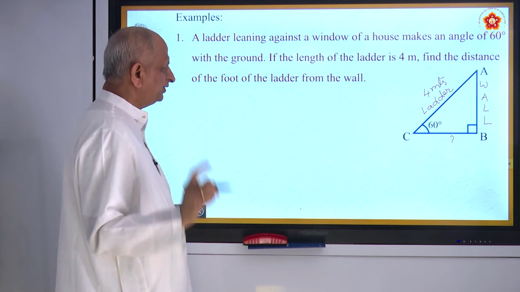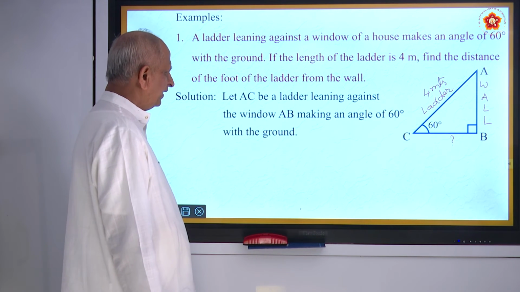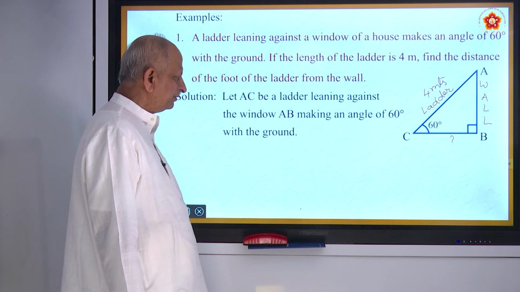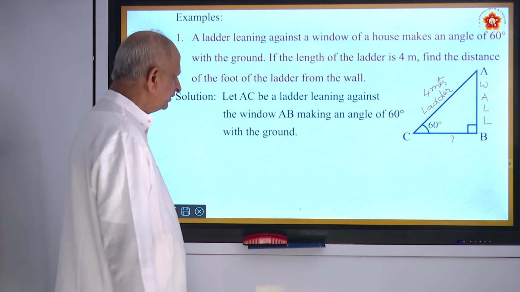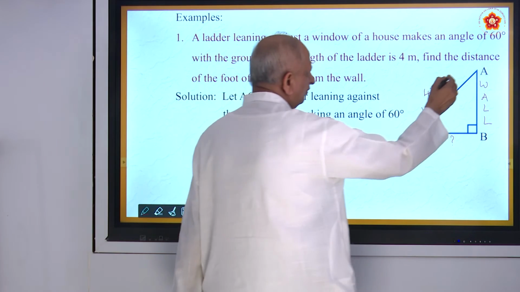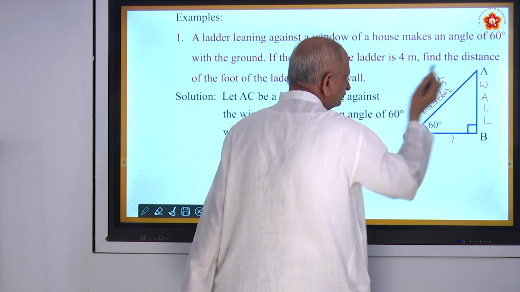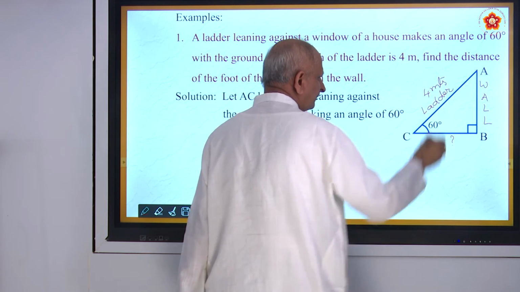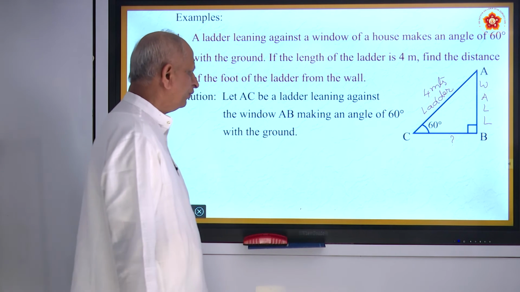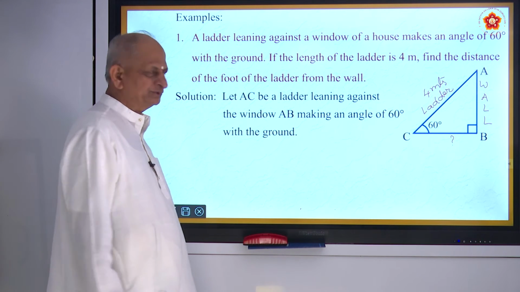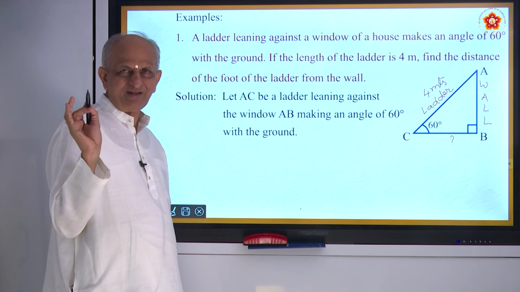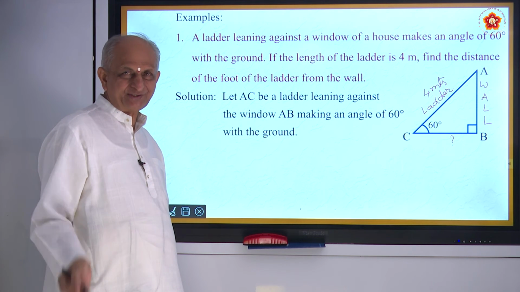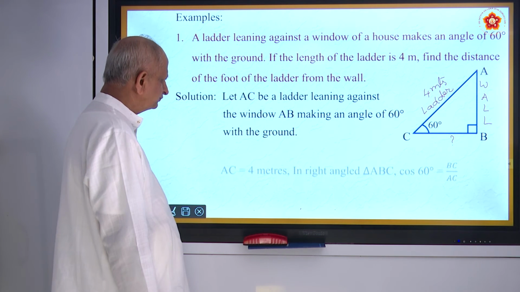So only one relation here. Let AC be the ladder leaning against a window of AB. So this is a window. A ladder is kept near the window like this. They are asking what is the distance. So a nice, simple, very interesting question, and every day you will be seeing such examples, is it not?